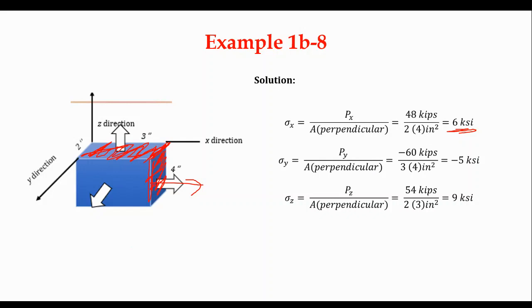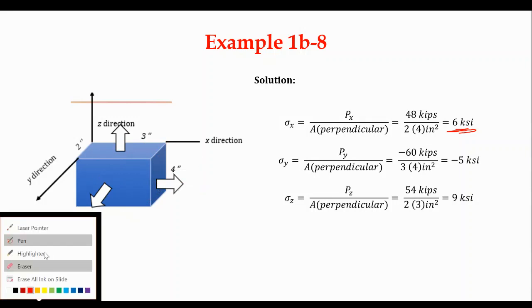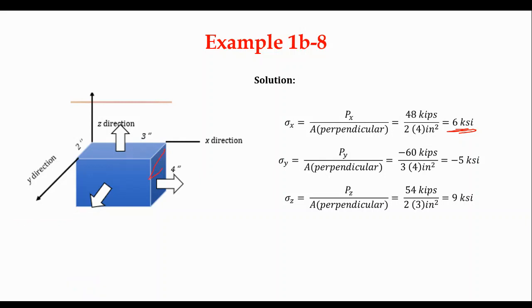Y man di akong ginastorya, no? Naglibog na noon ko. Ulit. Sa x, ang area niya nga gina-define is kani. That is 48 over 2 times 4. This is 2, this is 4. Alright? So, 6 KSI. Sa y, ito pala yung y ko.